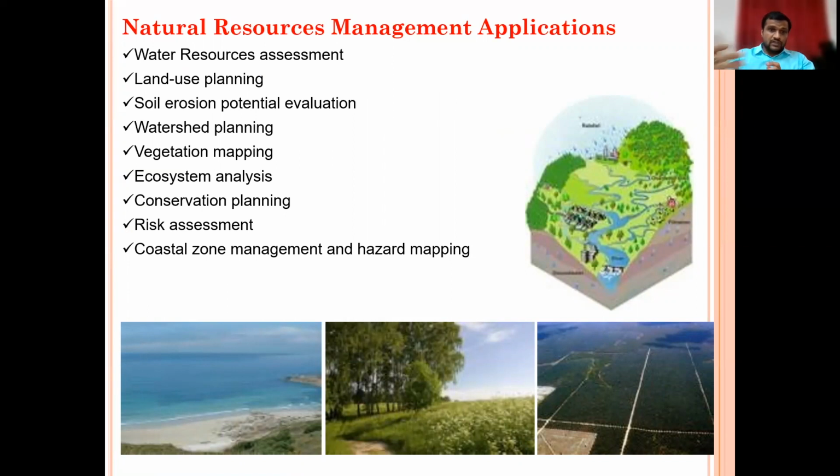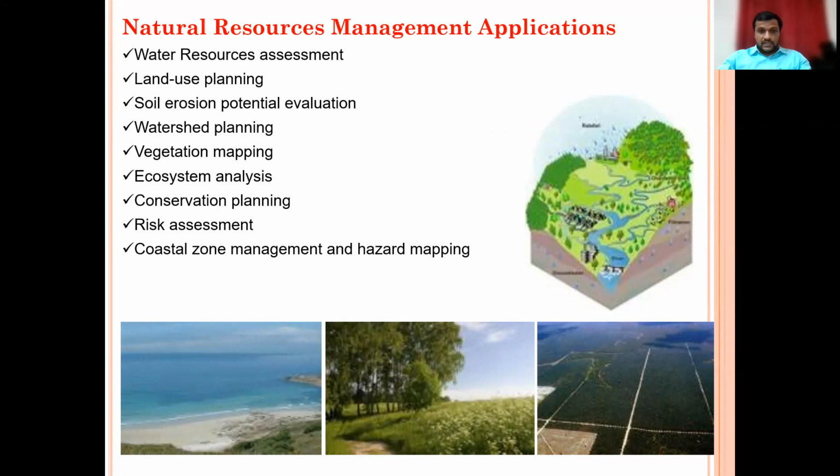We can also work on the evaluation of soil erosion, and watershed planning and management can be done. We can also analyze ecosystem services, and conservation planning and strategies can be done for forest inventory. We can analyze the risk related to any change related to natural resources.